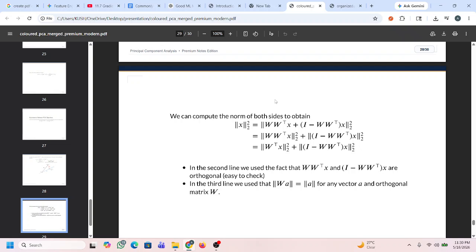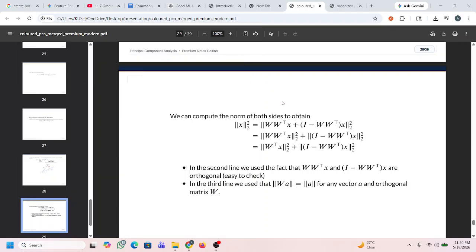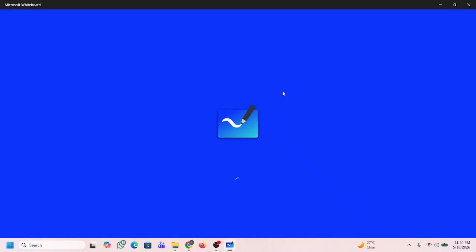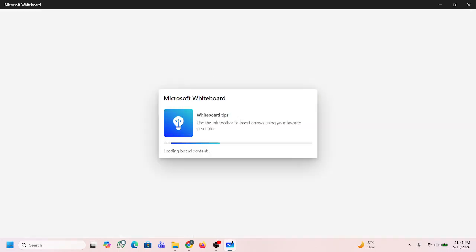Since they are orthogonal vectors, I will show you how I can write that particular thing. Let us start with this, W transpose of x.